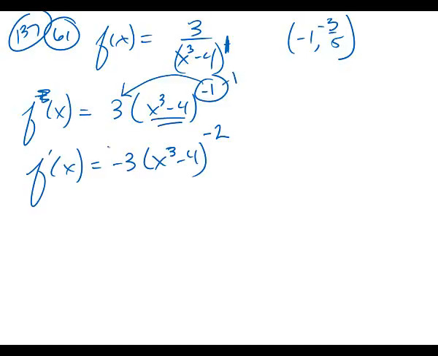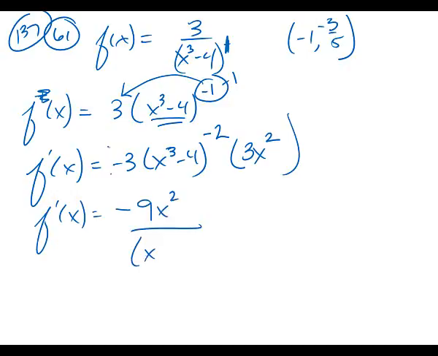And then the chain rule gives me what? 3x squared. Before I plug in, I would move this thing back downstairs so it's in the right place. -3 times 3 is -9x squared, and then bring this whole thing downstairs with a squared on it.